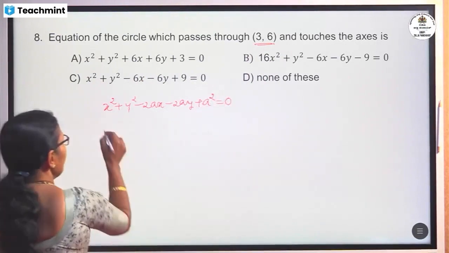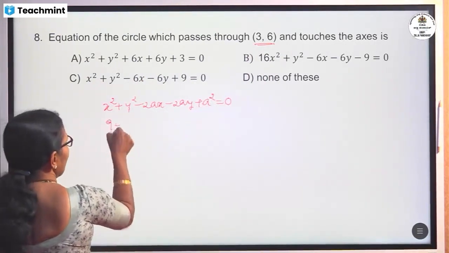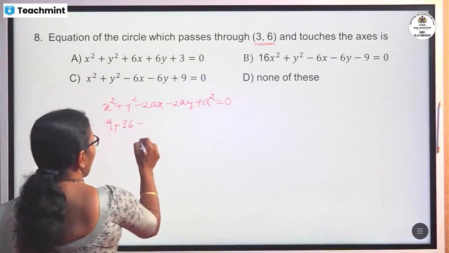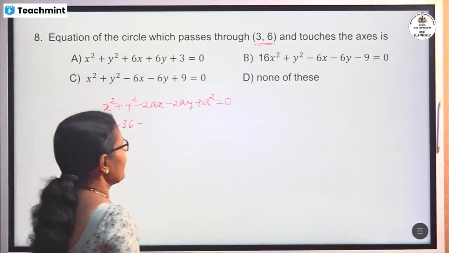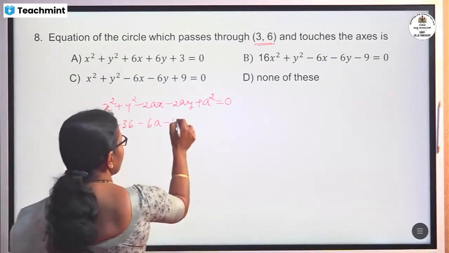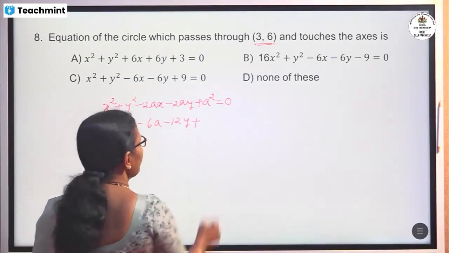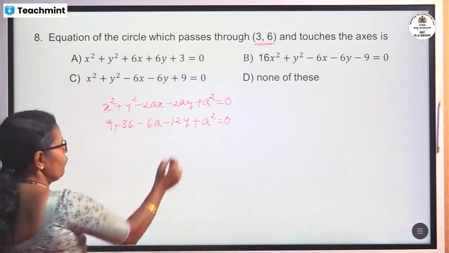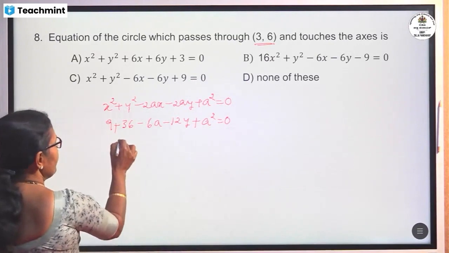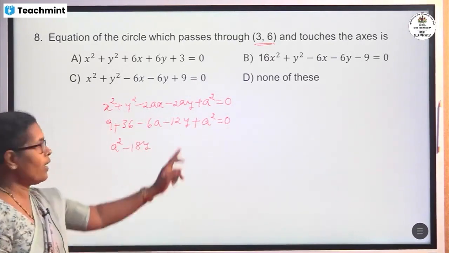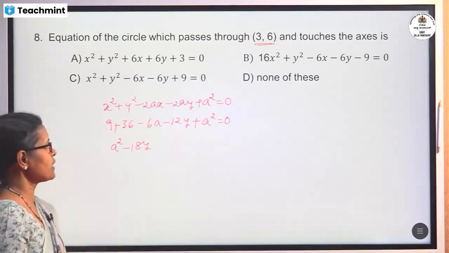Substitute here: x square means 9, plus y square, 6 square, 36, minus 2ax means 6a, minus 2ay, that is 12a, plus a square equal to 0. Now, when we simplify this one, we get a square minus 18a.